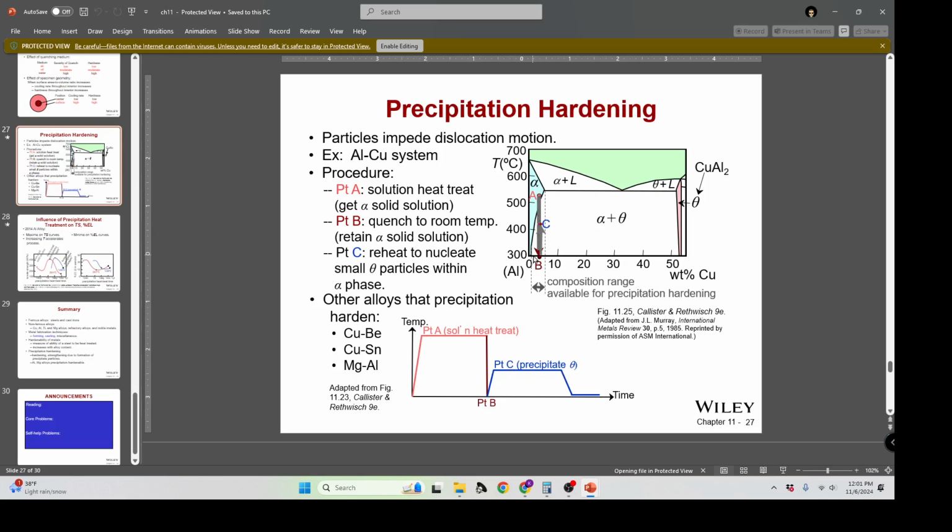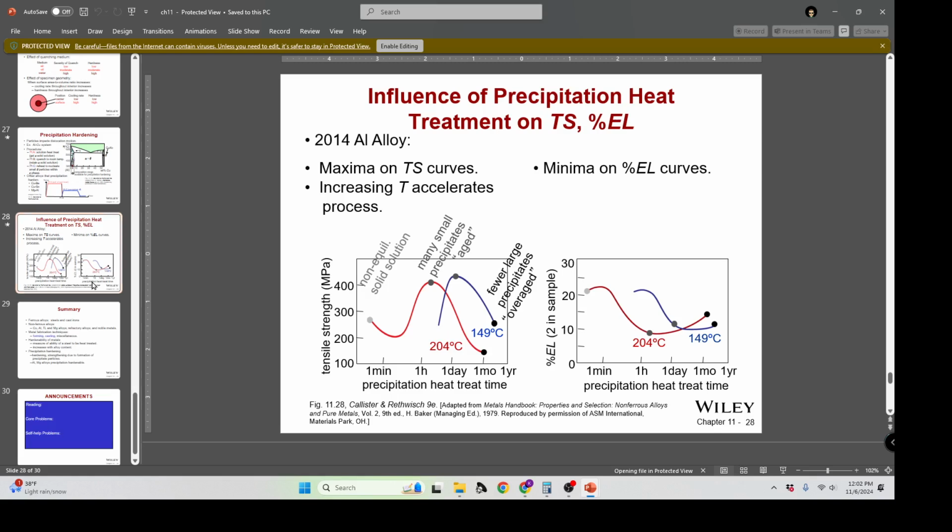So you heat treat to get it down to the base, then you bring it back up to a precipitation temperature so that something can start recrystallizing, and then you bring it back down. When you do this process for something like a 2014 aluminum alloy, when you shift and heat treat, you can change the way the material behaves.